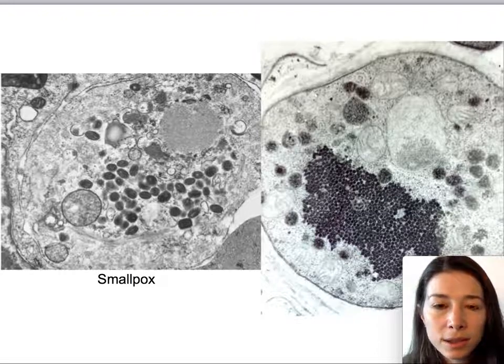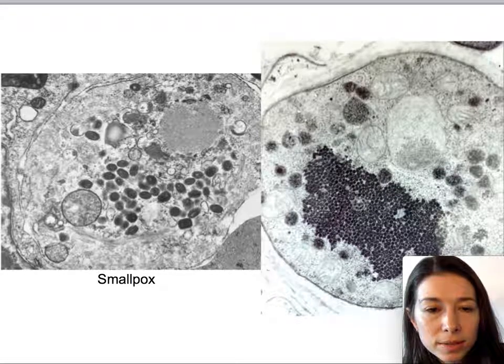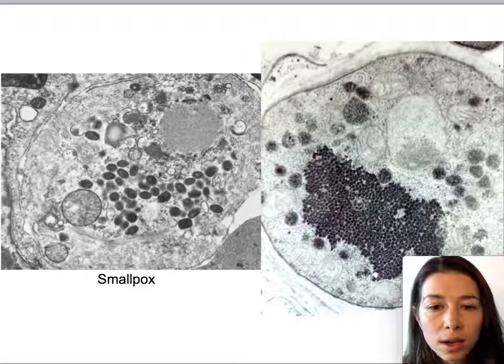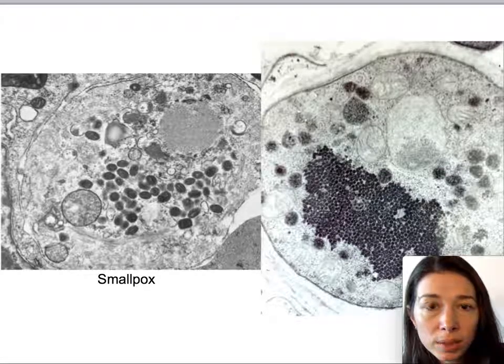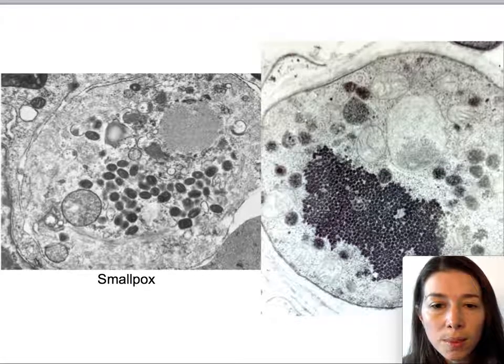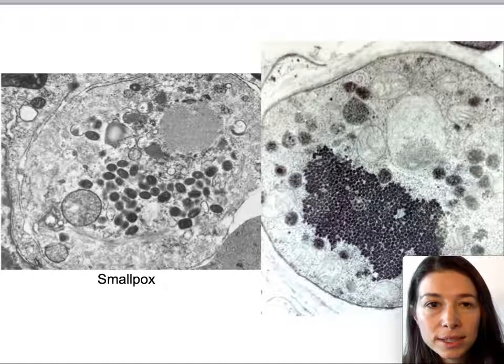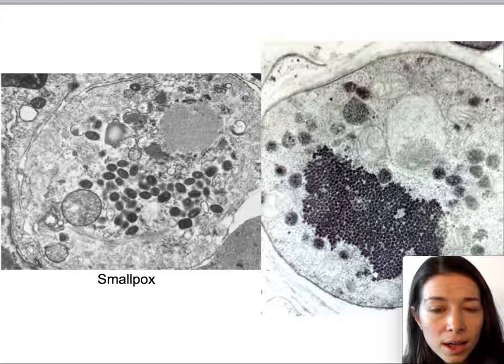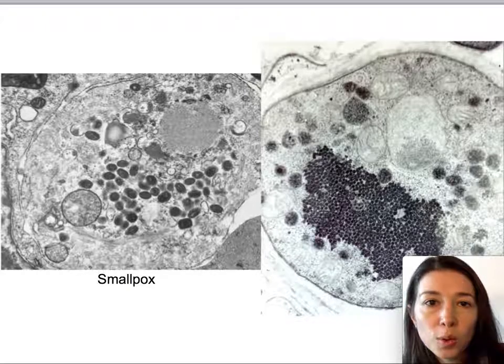I just want to take this opportunity to remind you that smallpox is a virus, and you will have in the future some reading about smallpox, and we're going to learn a lot about vaccines and smallpox and the history of smallpox and how it is a disease that we've essentially eradicated. And these are more electron microscope pictures.